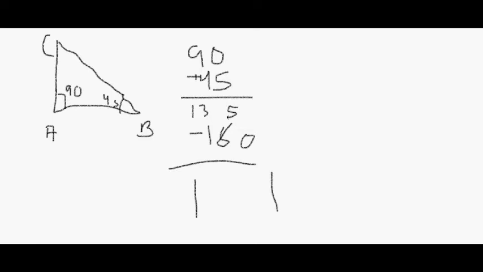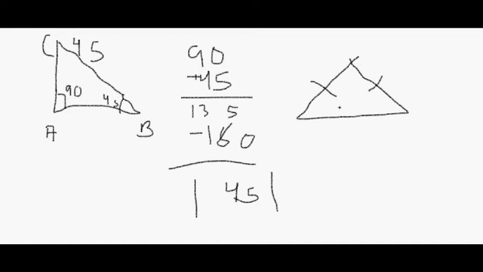Now when we subtract, 180 minus 135, we get 45. So C is 45. Now the next problem is an equilateral triangle where all the sides are the same, right? If this side is 60, then all the angles are going to be 60. So that's easy to determine.